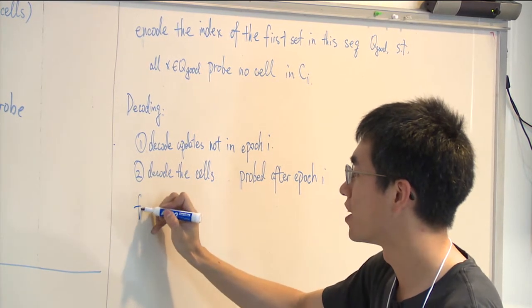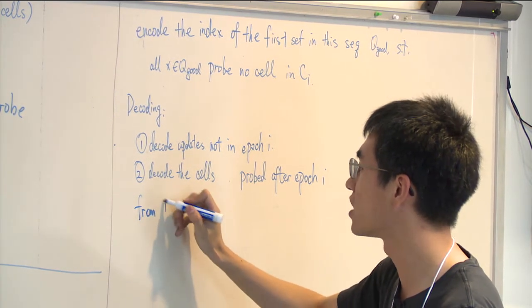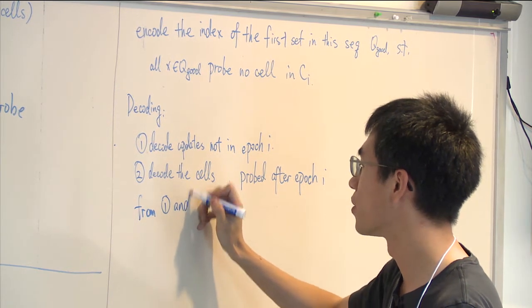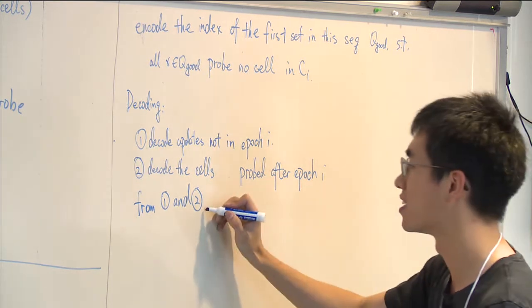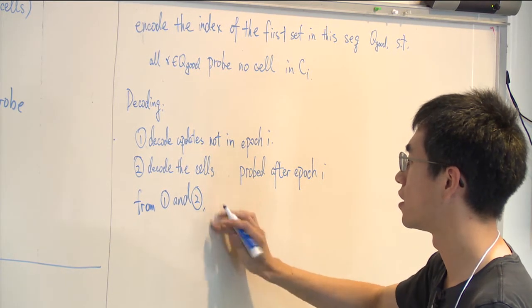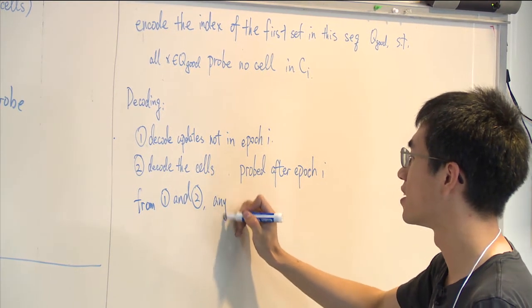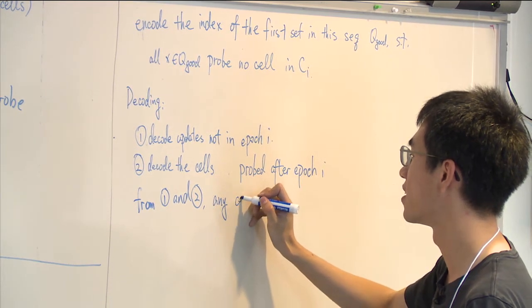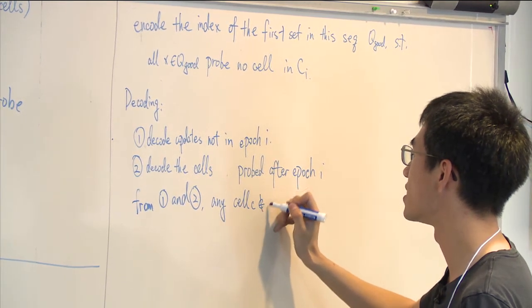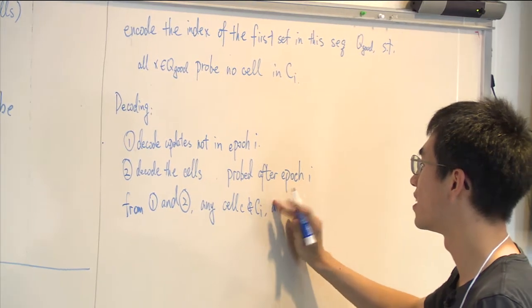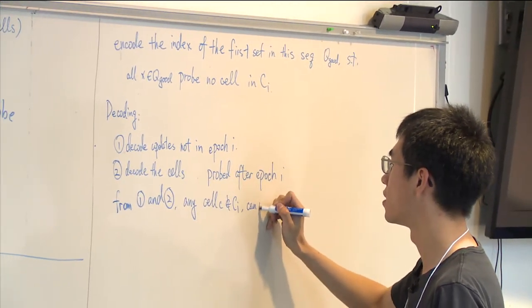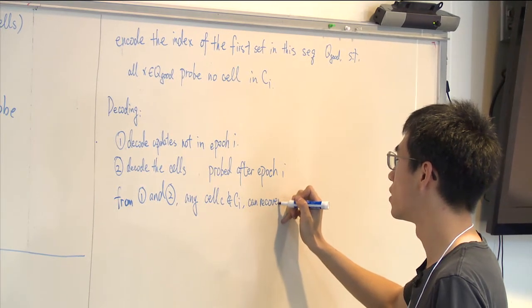So the claim here is, from 1 and 2, for any cell C that is not in CI, we can already recover its content.